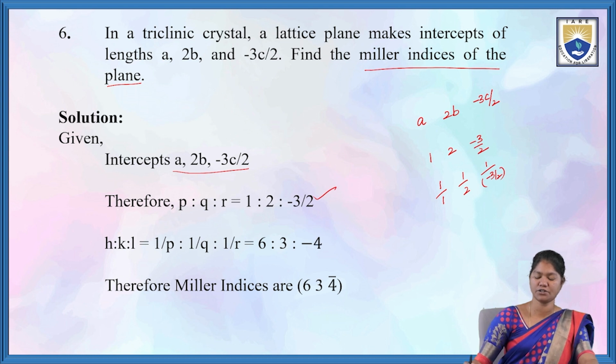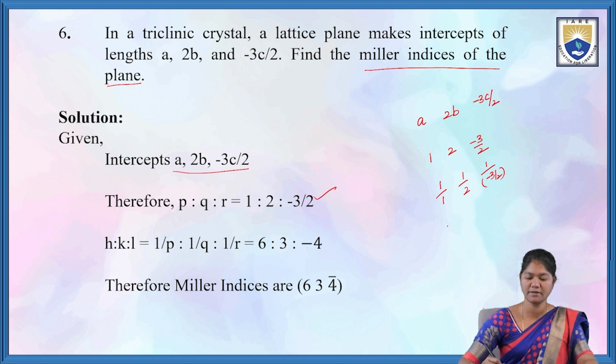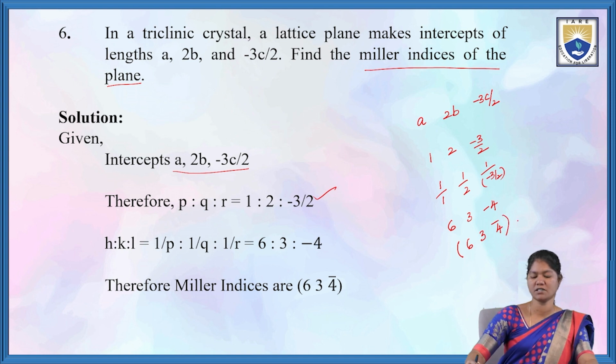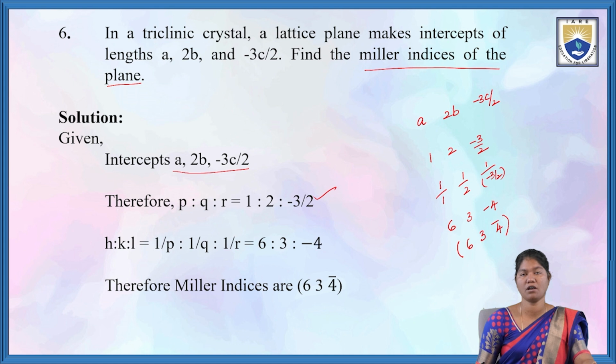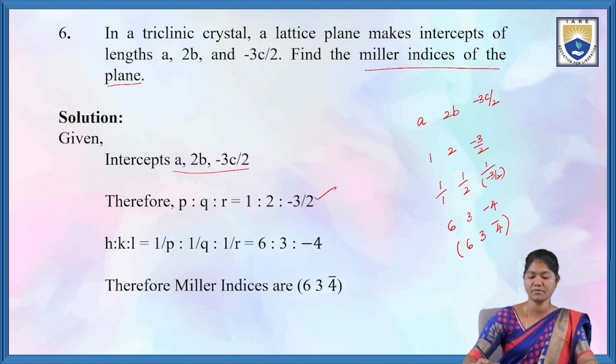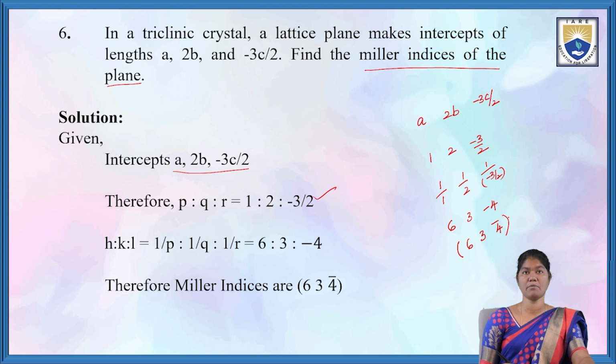Then convert into integers so that it comes 6, 3 and minus 4. Then indicate with closed parentheses. Minus 4 means inverted, so 6, 3, 4 bar. This is the Miller indices for the given problem.